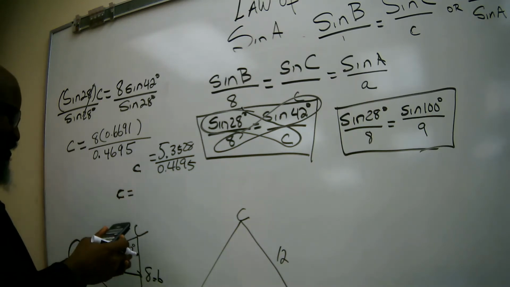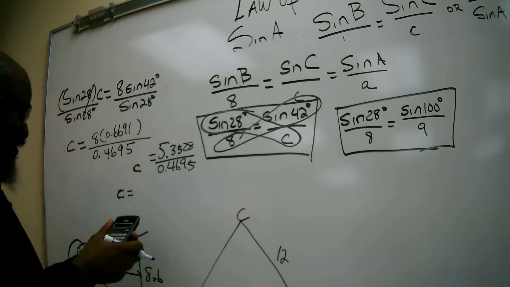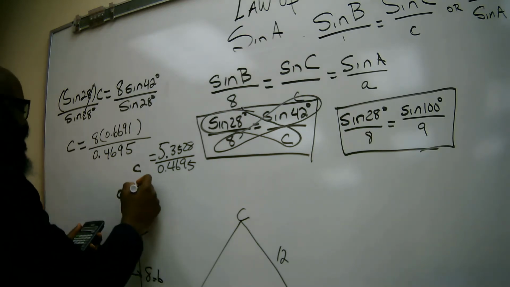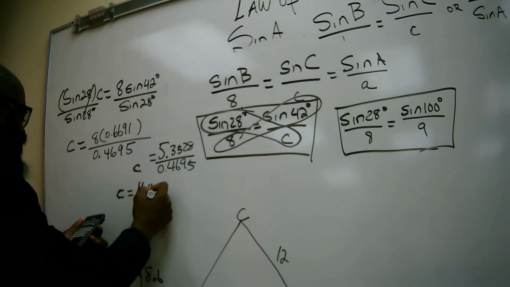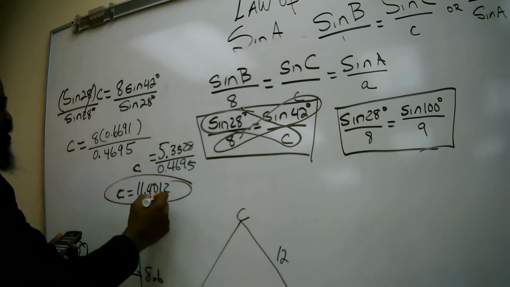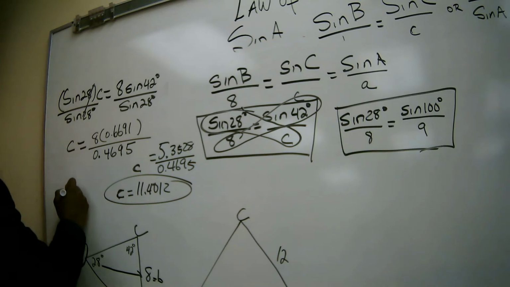Then if I take this, I divide it by 0.4695, and it will tell me that C is 11.4012, and this is your answer. If you round this to the nearest tenth, that would be 11.4. To the nearest hundredth, that would be 11.40. So in this case, the best answer for C is 11.4.